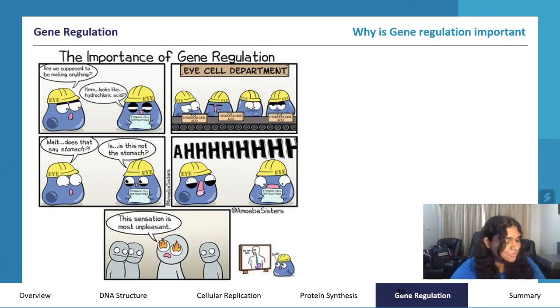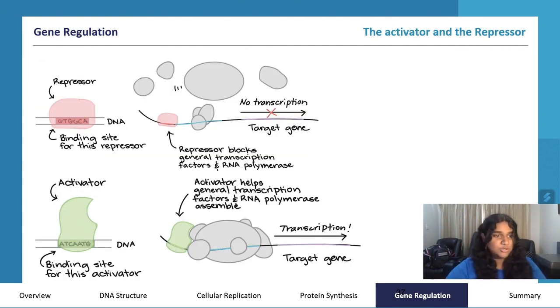And therefore, the cone cell will start to transform into a stomach cell, doing all of the normal jobs that an epithelial cell would do, secreting gastric acid and absorbing nutrients. And this is a huge problem because obviously we don't want anything that the stomach does to be happening in our eyes. So I mentioned two words previously, one of them called upregulation and the other one called downregulation.